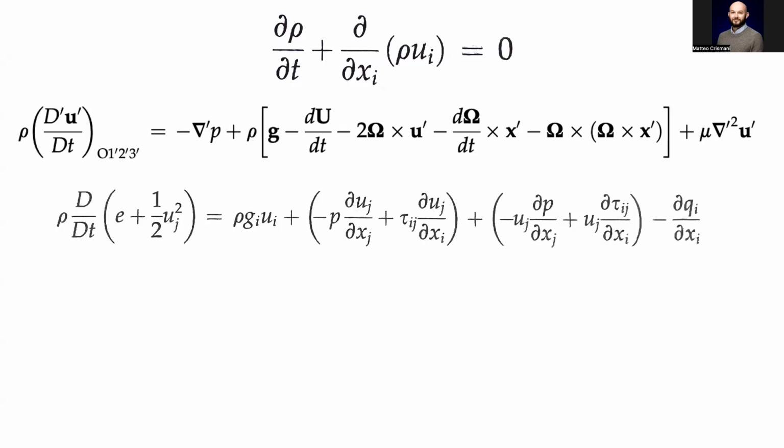And this is a comparison, again, of the inertial force to the compressibility. I'm giving you just a small introduction to this because we're going to use this when we want to talk about geophysical fluids. Okay.